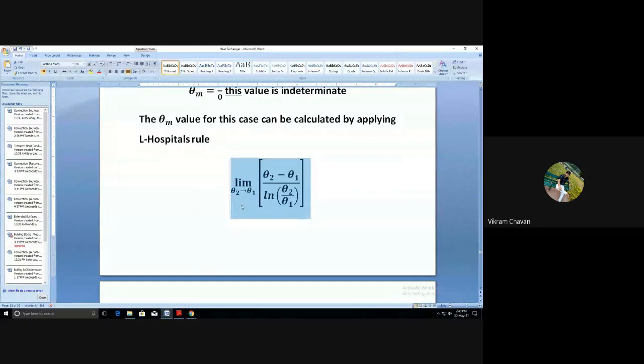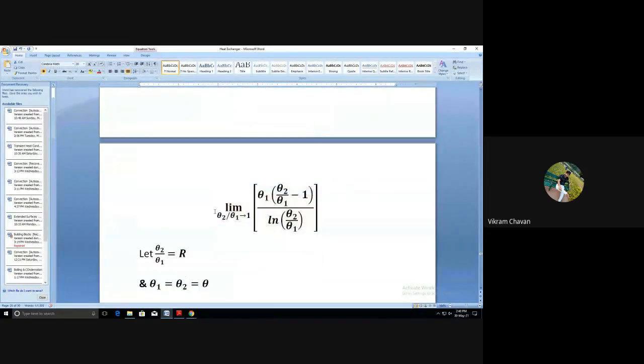If you take theta 1 on this side, it will be limit theta 2 divided by theta 1 tends to 1, and if you take theta 1 common from the numerator, theta 1 times theta 2 divided by theta 1 minus 1, divided by ln of theta 2 divided by theta 1.